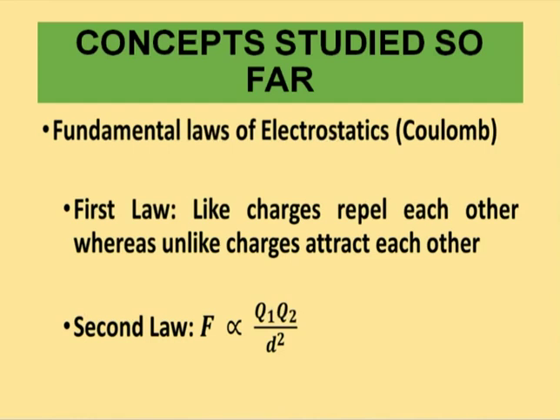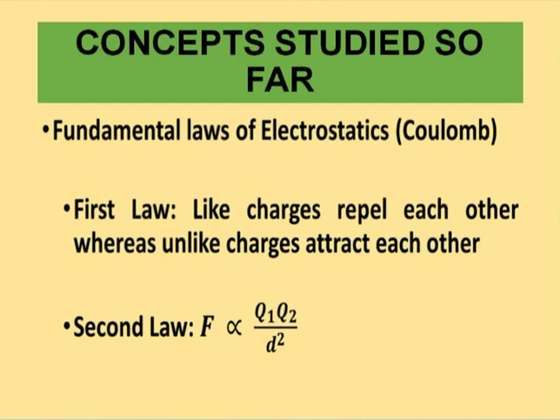The first law states, like charges repel each other, whereas unlike charges attract each other, which means that if two positive charges are brought in each other's vicinity, they will repel each other. On the other hand, if a positive and a negative charge are brought in the vicinity, they will attract each other.